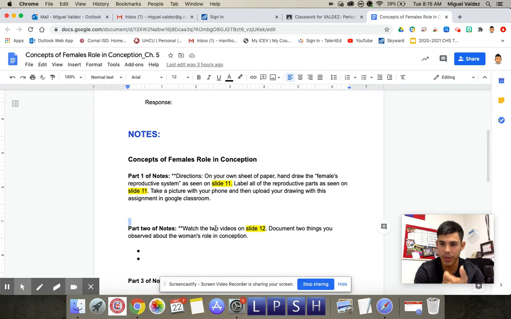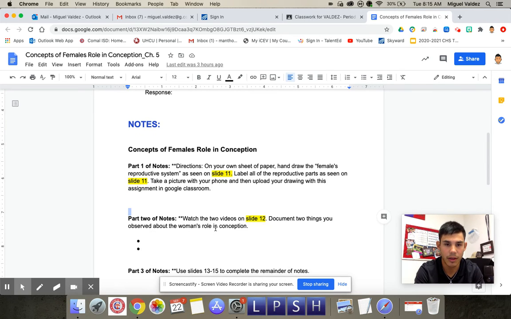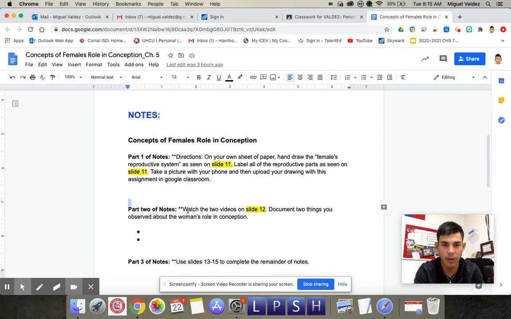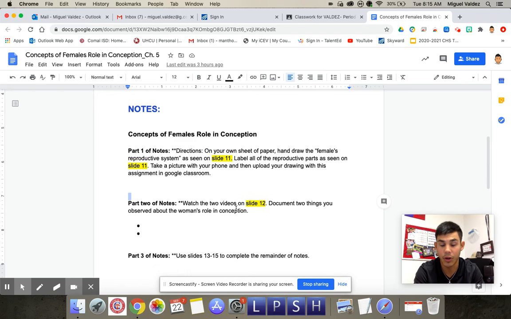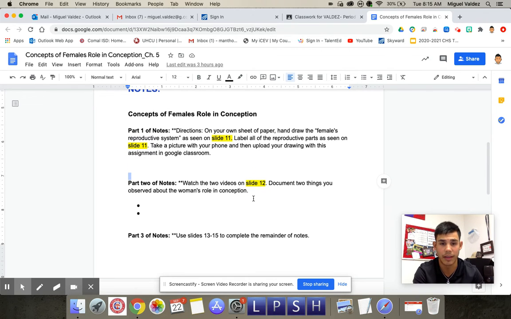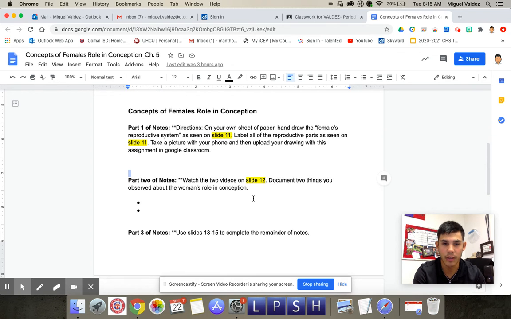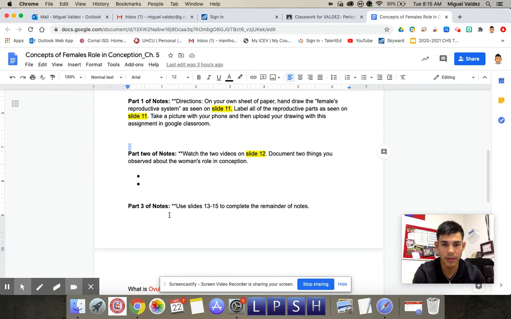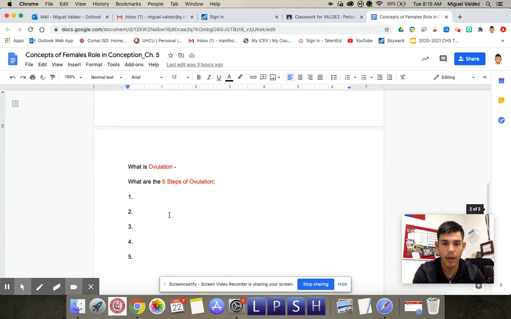Then take a picture of that and send it to me. For part 2, start on slide 12, which talks about the women's role in conception. Jot down a couple things that stood out to you in that video, then complete this vocabulary word, ovulation, and answer: what are the 5 steps of ovulation?